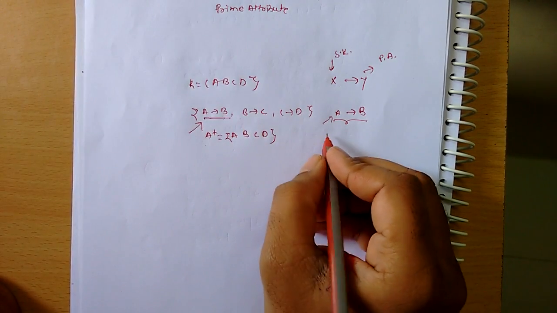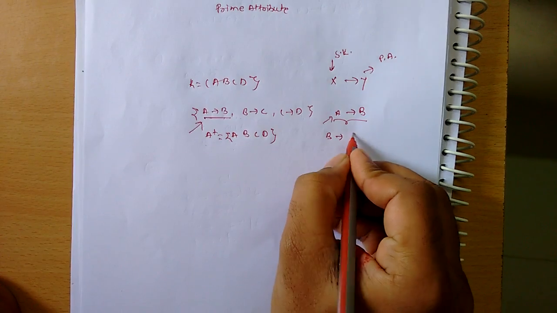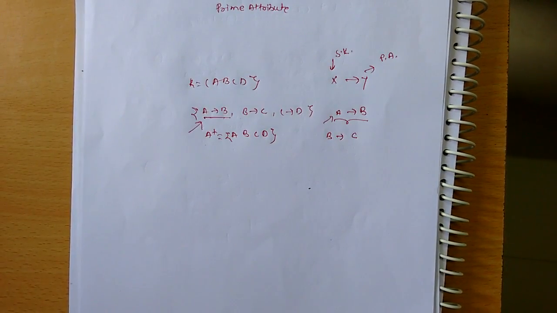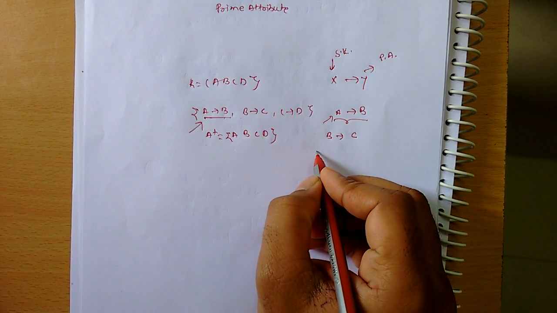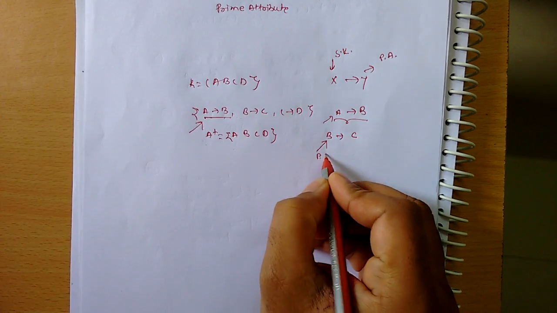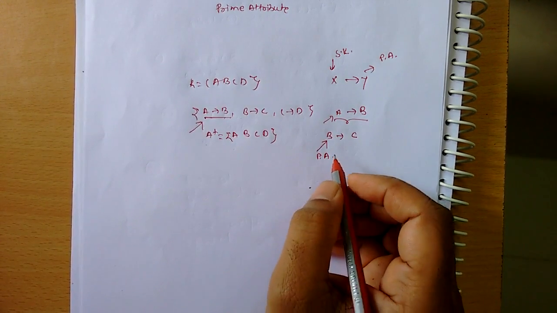Now we'll look at the second functional dependency, which is B goes to C. B is not a prime attribute because it's not a part of the candidate key.